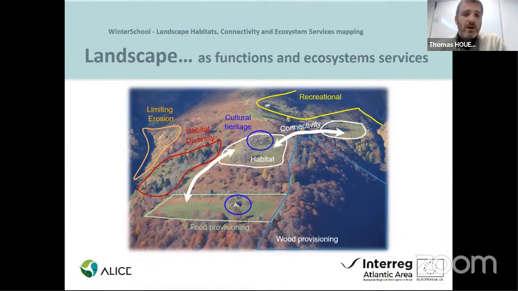There are also some trails dedicated to recreation. And encroachment could be a service to limit the erosion of the soils and also to provide some diversity in terms of habitats. Landscapes also provide services like wood provisioning and agricultural provision. And between these different elements of the landscape, there is connectivity, some functions that are very important to consider in order to do landscape management.